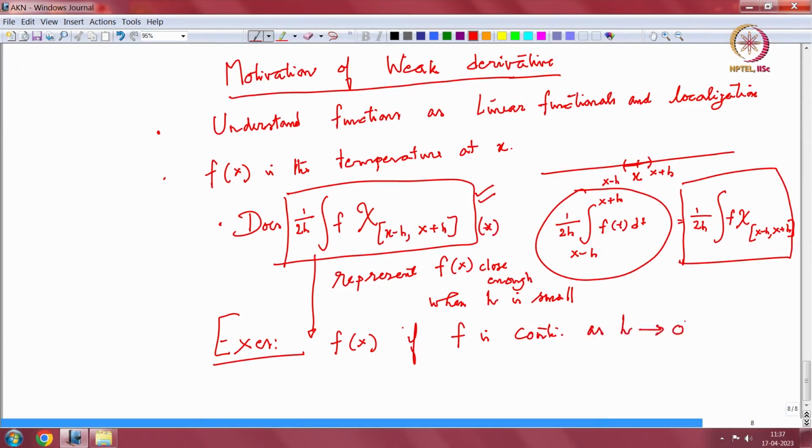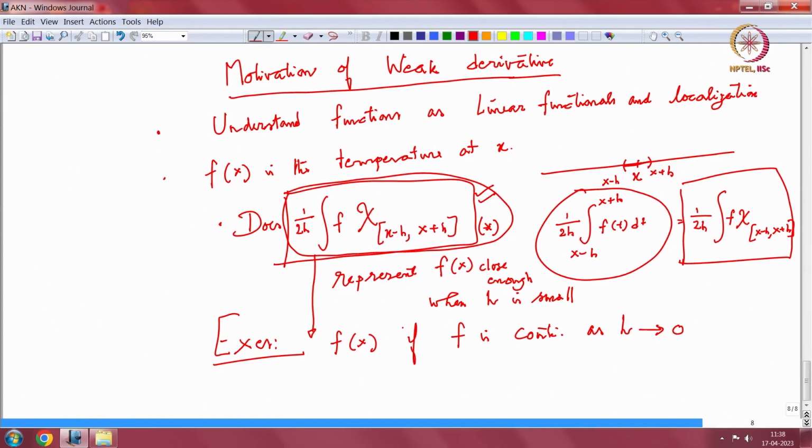So, it indeed represents. So, instead of taking these average quantities, you will be able to take f of x as an approximation, that is good enough. But suppose f is not continuous, then you cannot work with f of x, because that is not available. You have to work with these averages, not with your f of x function.